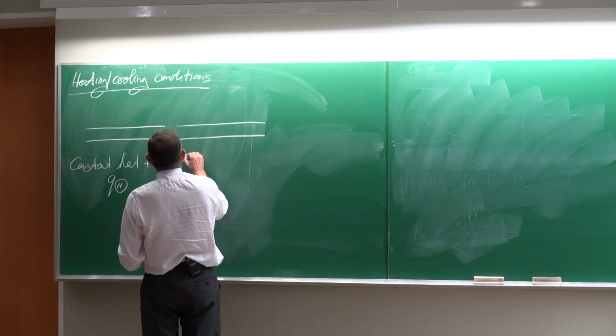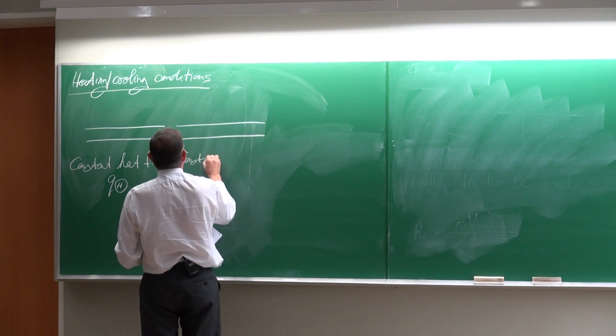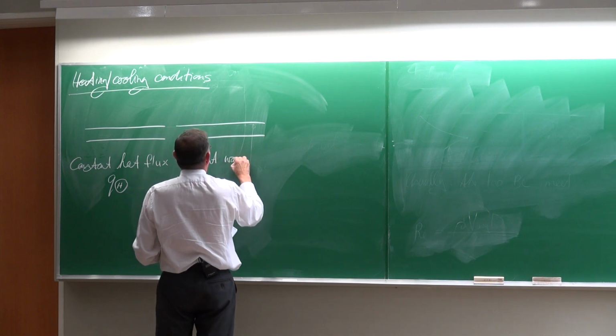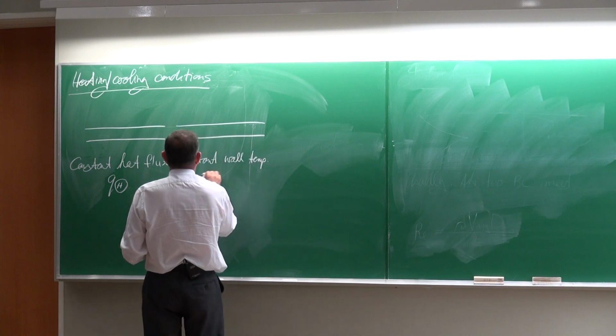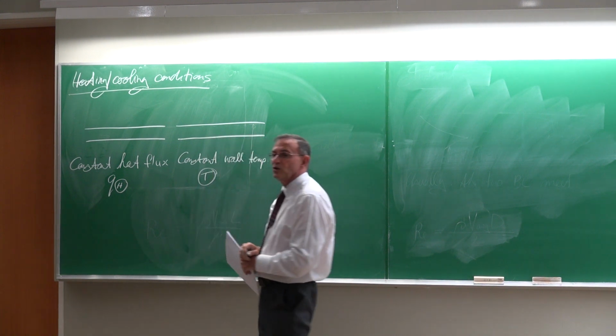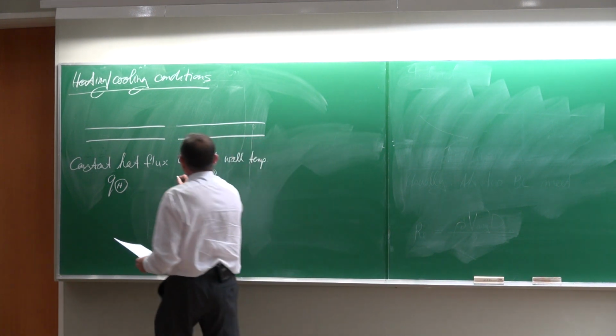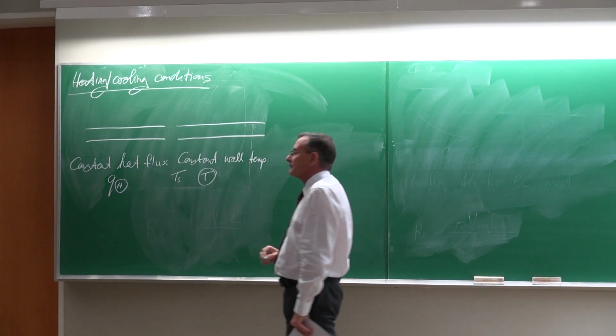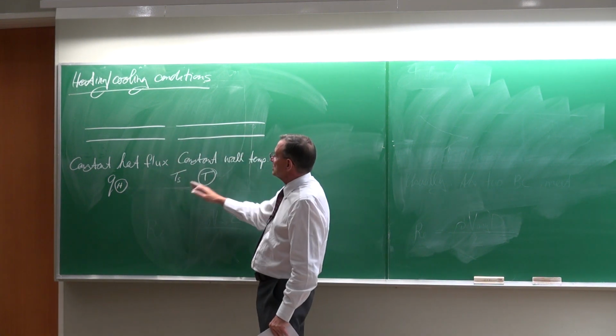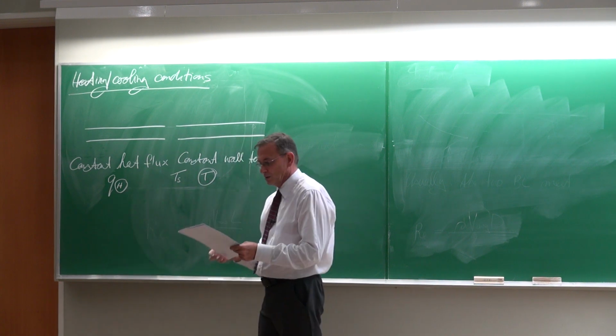While in this case, we are going to have a constant wall temperature. And that is going to be indicated with a T. Temperature Ts is constant. So here the temperature is constant, there the heat flux is constant.